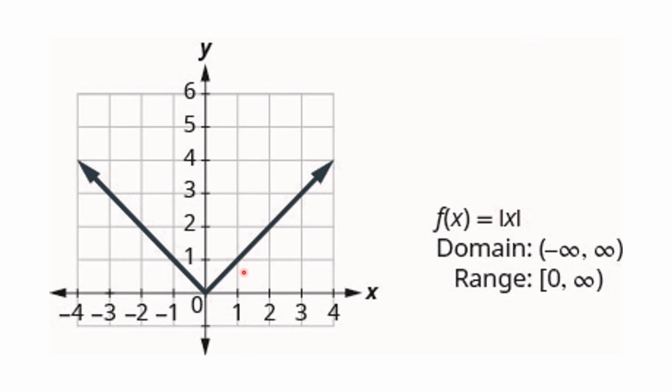Lastly, observe this modulus function, f of x equals the absolute value of x. Here we observe this function covers the whole x-axis, so the domain is minus infinity to infinity.